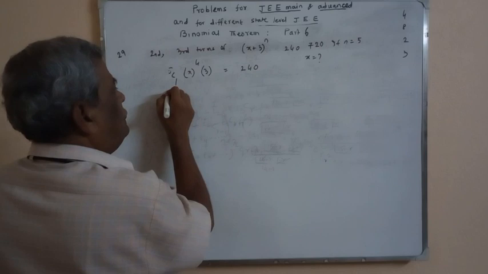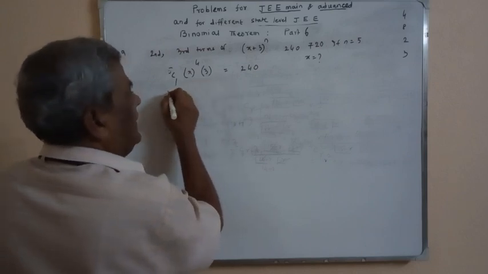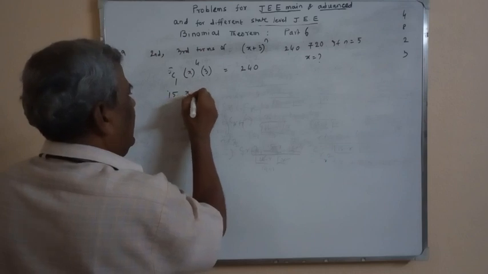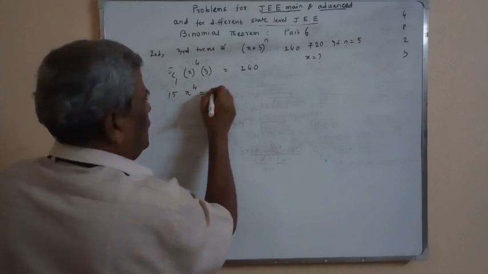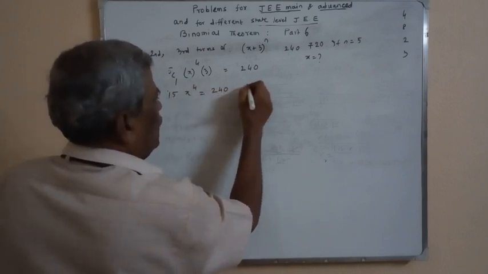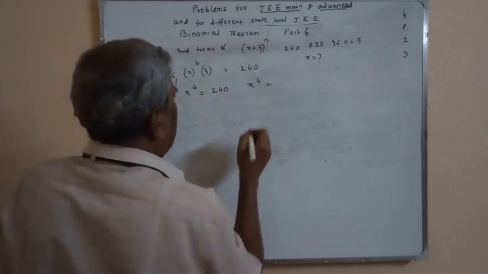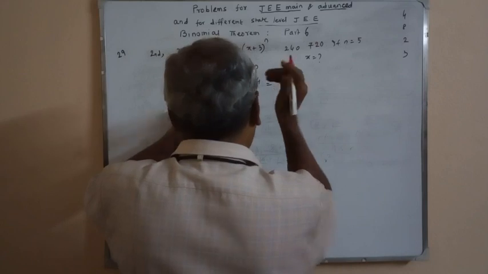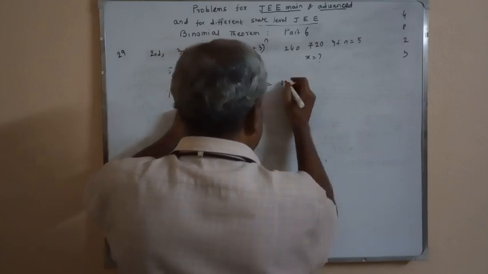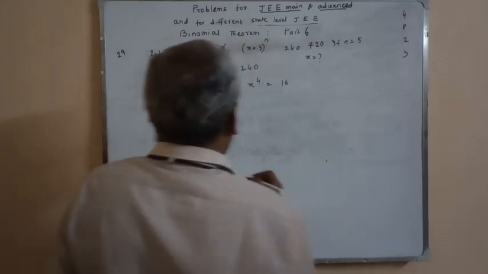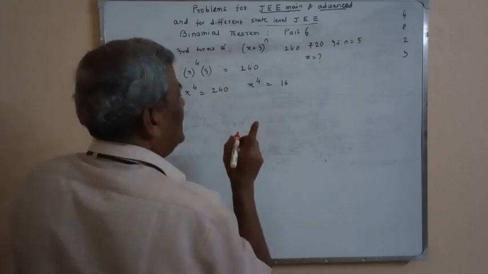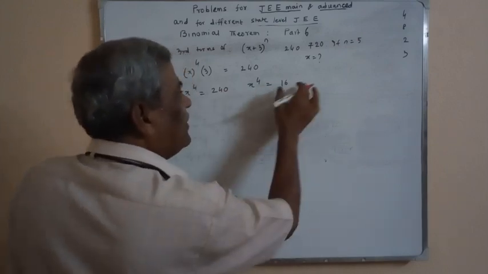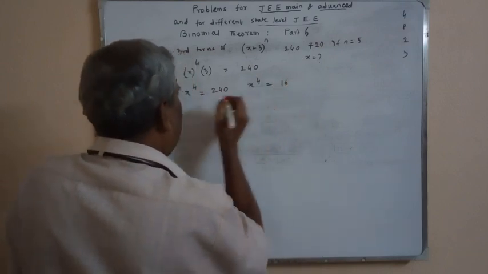That is 5 into 3, 15 x to the power 4 is equal to 240. So x to the power 4 is equal to, divide by 15, 16. So from there we can get your answer.